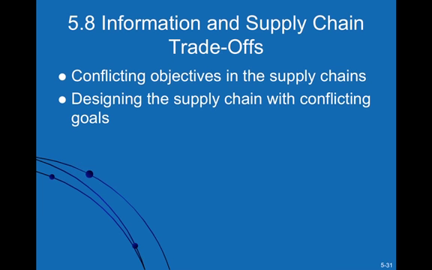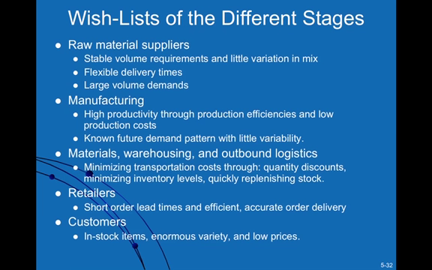Information, sometimes there are some trade-offs that happen as a result of exchanging information. So again, because it's possible to have partners with conflicting goals, it is also possible to have trade-offs in the kind of information that is provided.